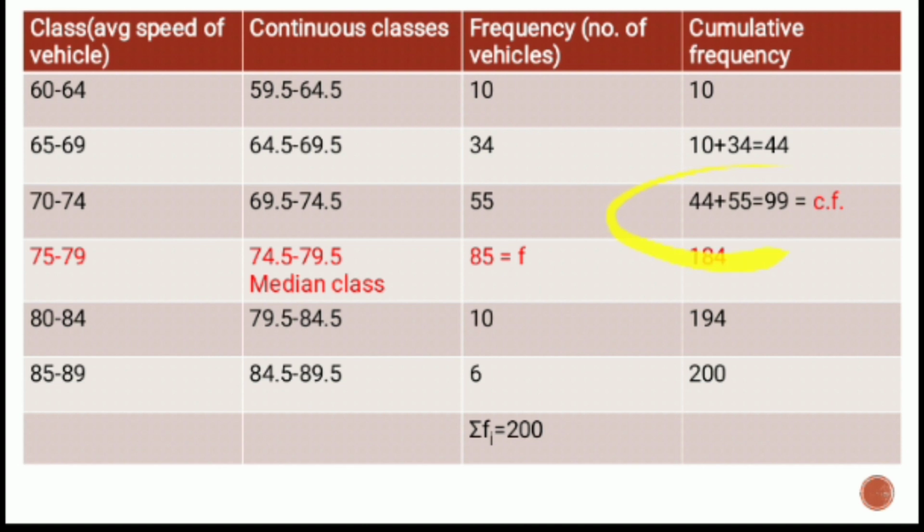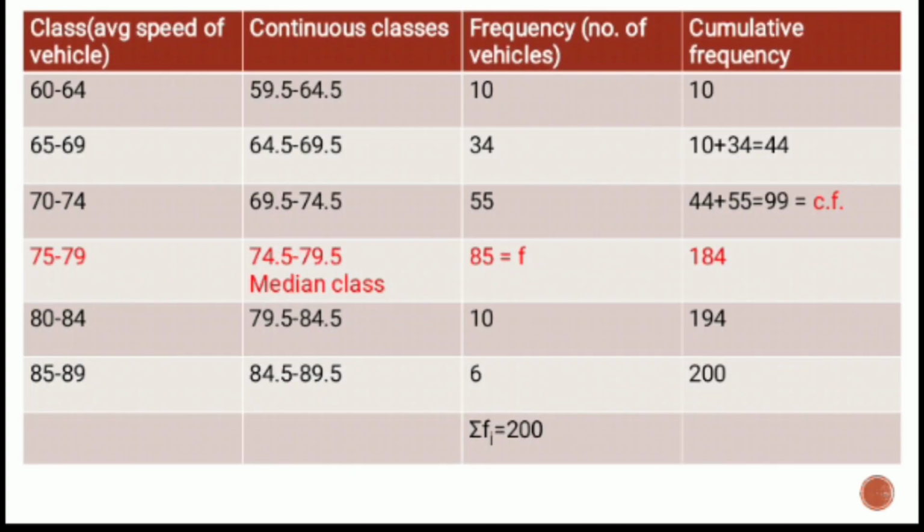How to find the median class, that means your L, your lower limit. See here that the total number of frequency n is equal to 200. You have to divide n by 2, that is 200 by 2, that gives you 100.